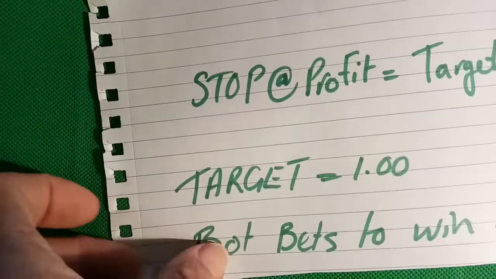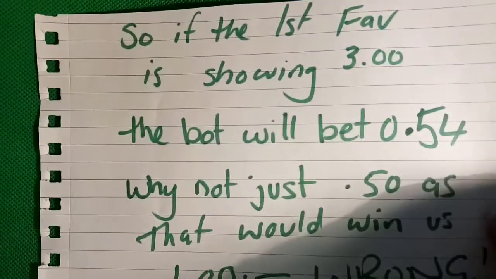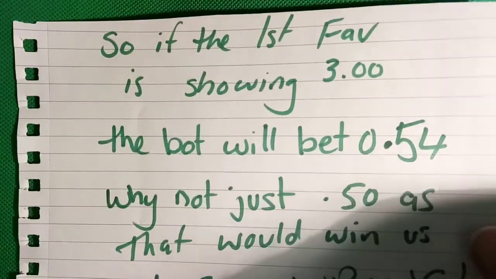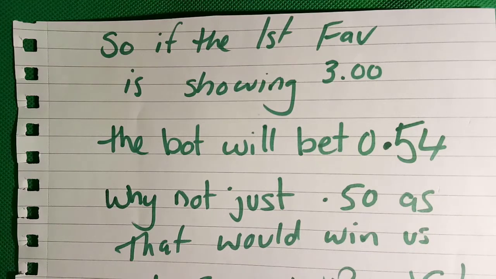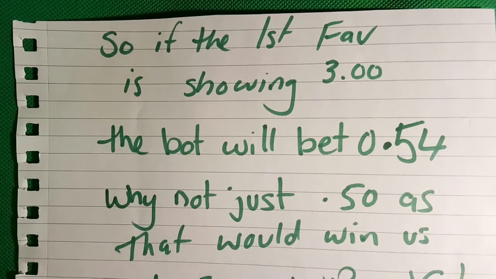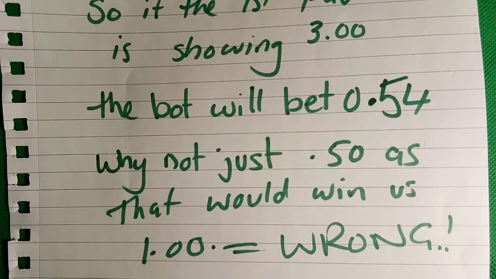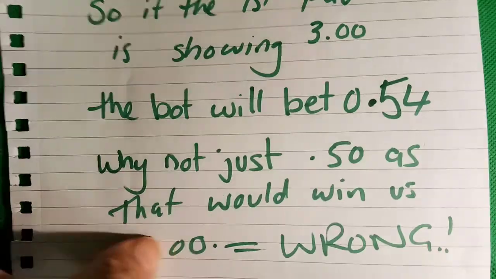Okay, so if we're using the first fave option, and the first fave is showing £3, the bot will bet 54p to win our target. Why not just 50p, as that would win our £1 target? Well, that's wrong, because what you've got to consider is this bot works on Betfair.